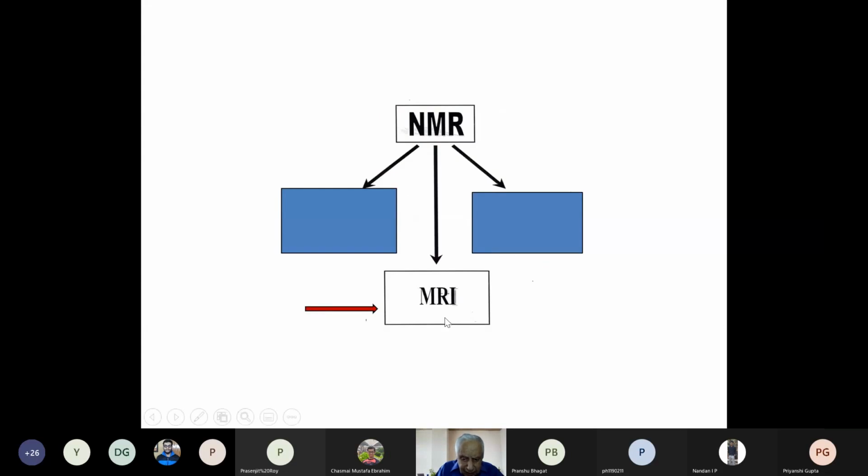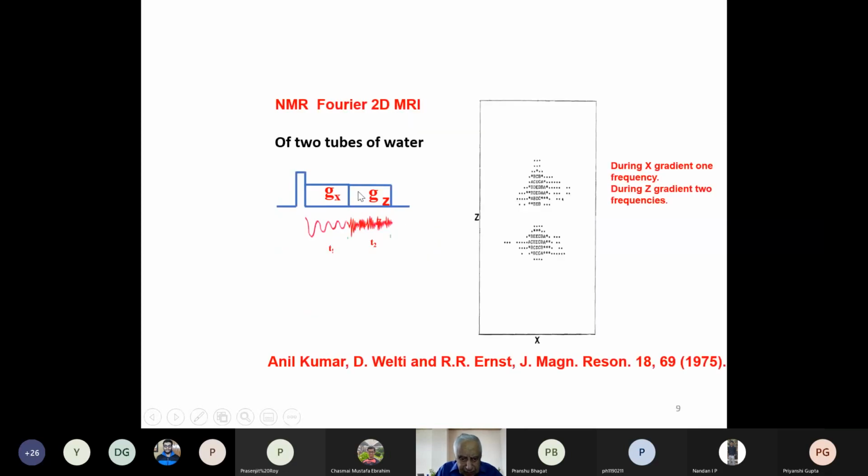Second major application of NMR is MRI. Everybody knows this word, magnetic resonance imaging. I had done an initial experiment way back in 1975, two tubes of water, using a two-dimensional Fourier MRI experiment with gradients in the x direction and z direction.